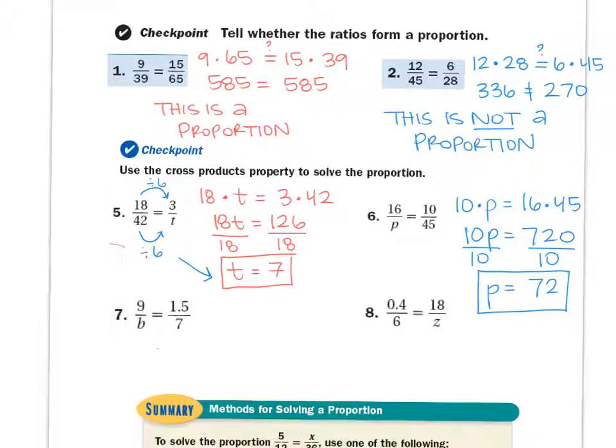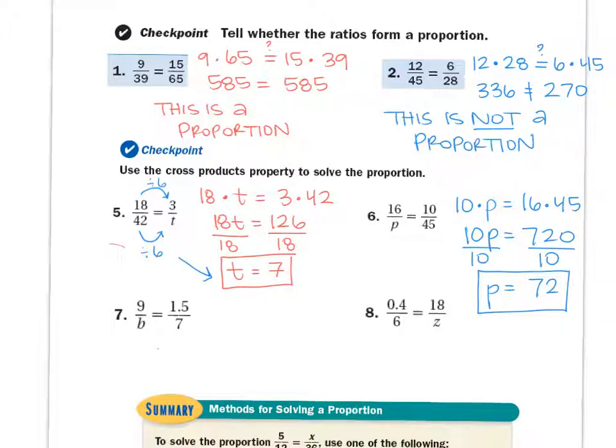But what I want you to notice is that number 6 is the type of problem where we run into a problem, because there is not a whole number that we could multiply 10 by to get to 16. And there's not a whole number that we could divide 16 by to get to 10. And so therefore, in this problem, number 6, method 1 does not work. You can't use it, and that's why you need this other method, and method 3 works well here.